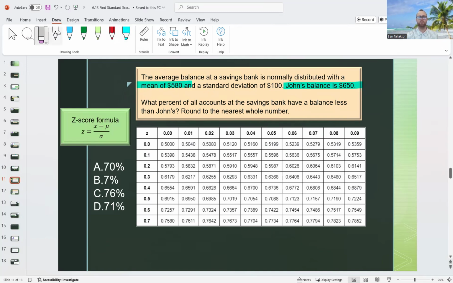Okay? And they want to know what percent of all accounts at the savings bank have a balance less than John's. Round to the nearest whole number. So what are they really asking for? Percentile, right? Keep that in mind while you work this out.